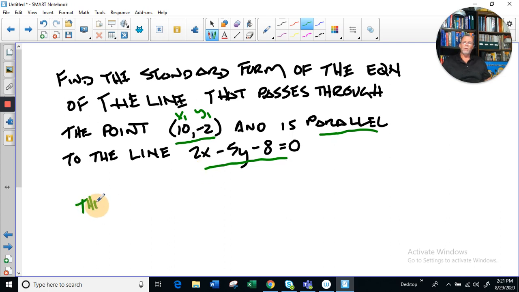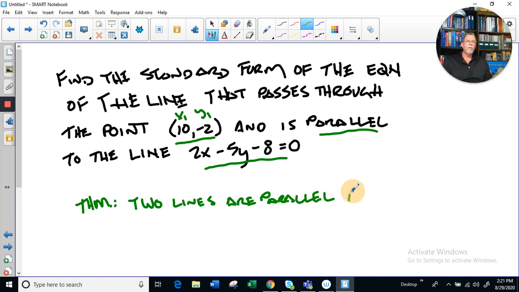I'm going to write very quickly, just kind of summarize the theorem, that two lines are parallel if and only if, IFF means if and only if, their slopes are equal.